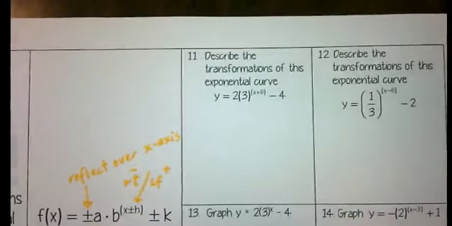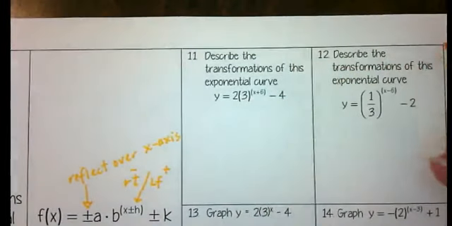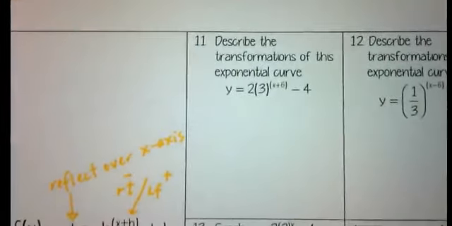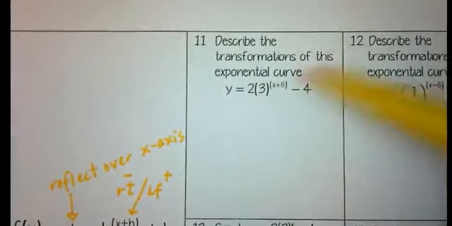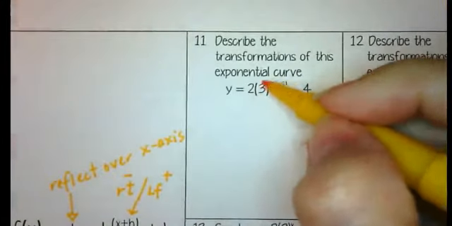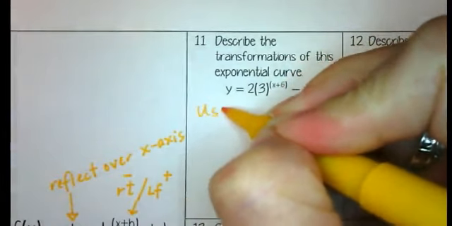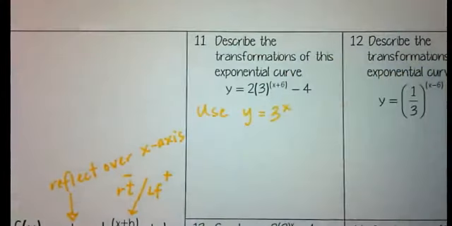All right, so looking at number 11, we are asked to describe the transformations. So keep in mind that we are dealing with exponential functions, and so that means that the base is a number, so we have to have a base. So that right there is 3. So we are going to use y equals 3 to the x.